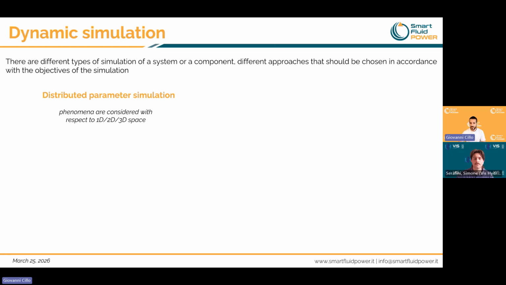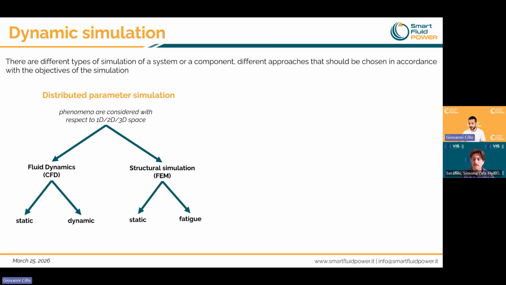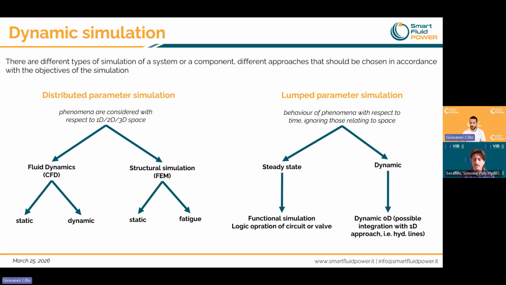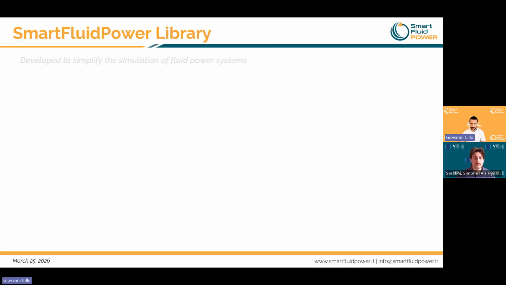For those who are familiar with simulation, this differs from distributed parameter approaches such as CFD or FEM, which may be steady state or fatigue-based. Our approach is based on lumped parameters, meaning that spatial effects are approximated while system dynamics are fully captured over time. So it is a 0D simulation, or basically 1D simulation.